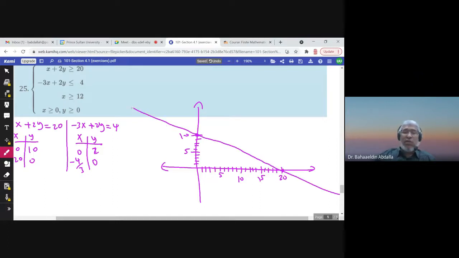So this is the first line, the line x plus 2y equals 20. The second line, 0, 2, negative 4 over 3 is somewhere here, negative 1/3. So this is the line negative 3x plus 2y equals 4. Okay.